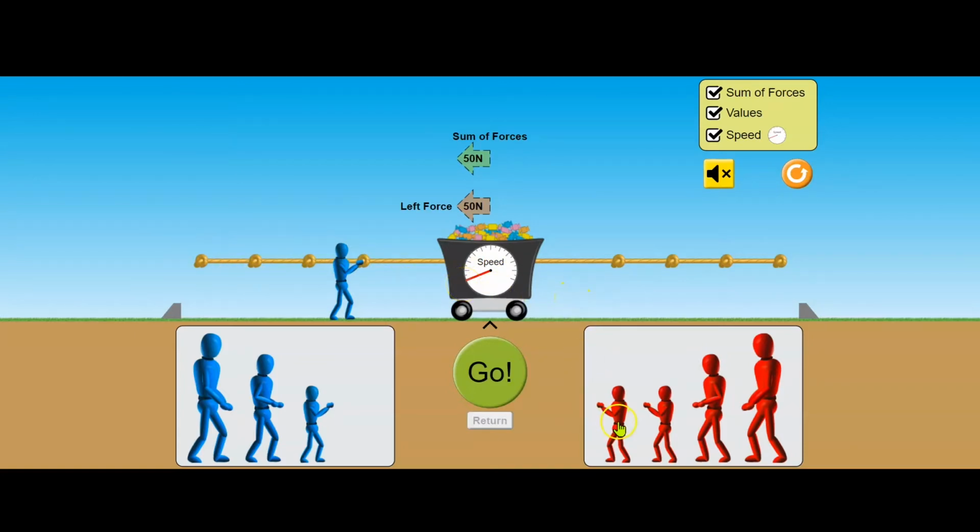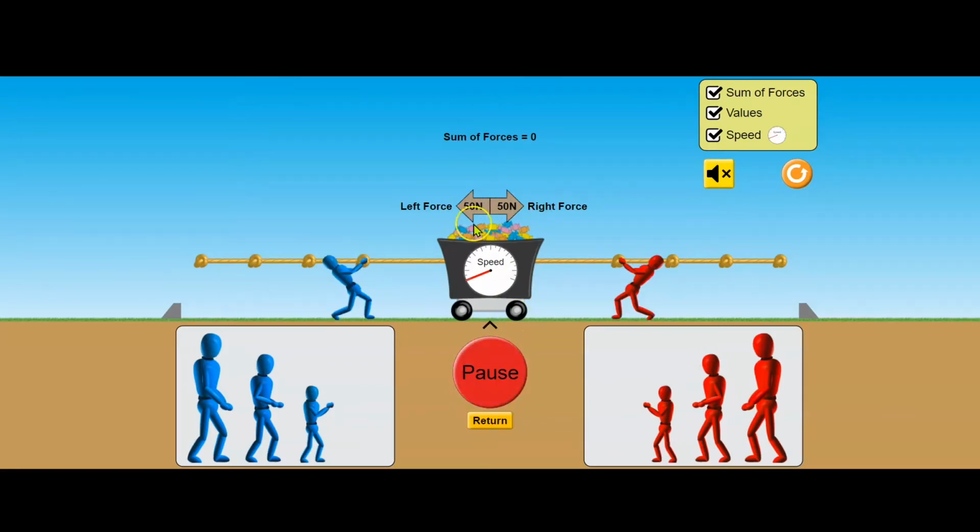But let's say I put a red person on the right team. Now what do we notice? Now our forces are balanced. There's no force in either direction left over. Nobody's going to win this tug of war. So if I say go, both sides are pulling with 50 newtons of force, but no team is going to win.